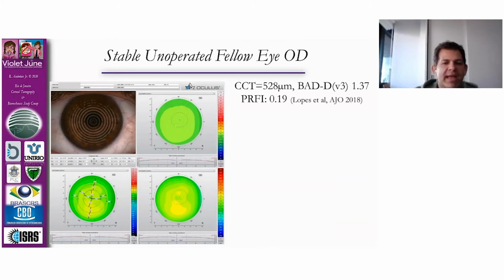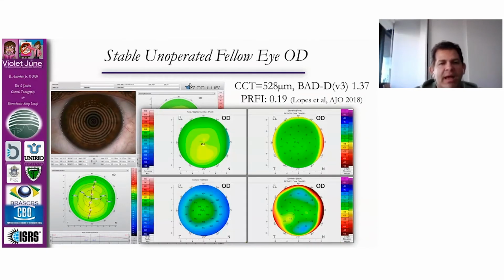And this patient had ectasia susceptibility because we know the fellow eye had LASIK ectasia. And if you see the patient now, many years after surgery, the topography is a little bit abnormal. The D is a little bit abnormal. The PRFI with the Pentacam and Corvis is a little bit abnormal.